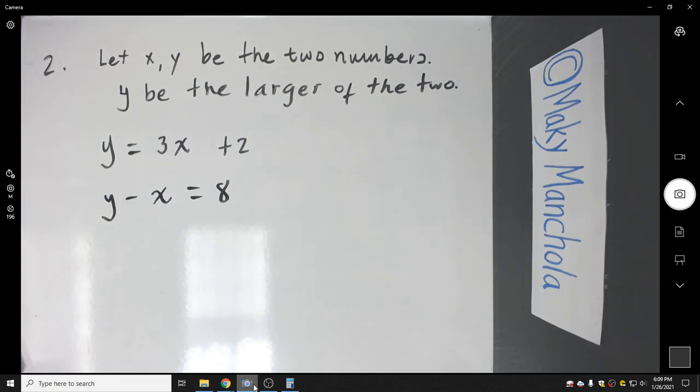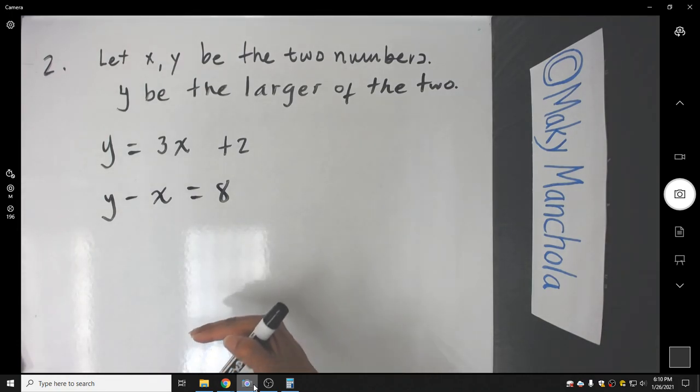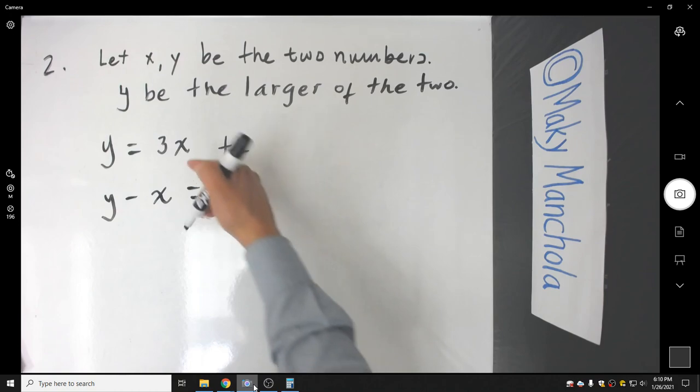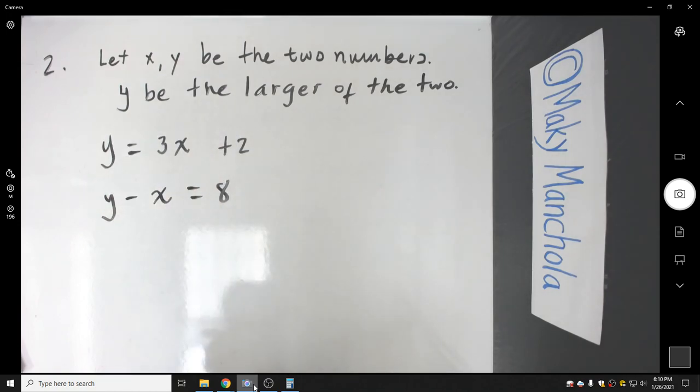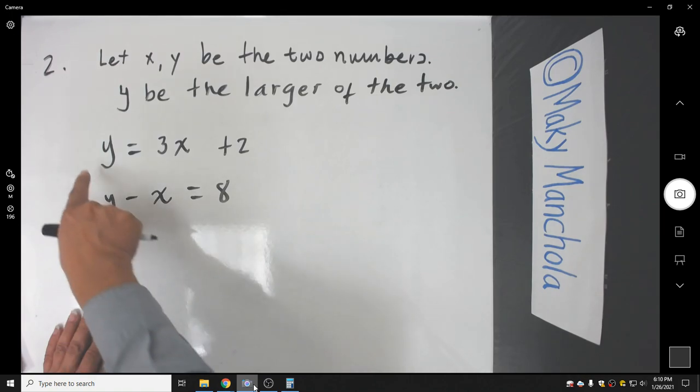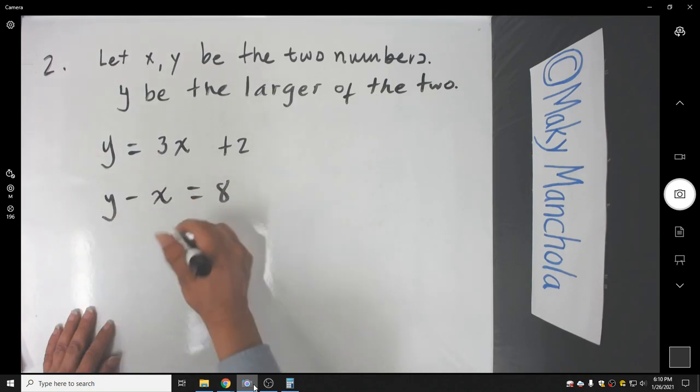Okay, so once again, we're trying to obtain x and y. We have a system of two linear equations in two variables, so we solve the system and we will have our answers. This problem we can solve again by substitution, because in our first equation y is already isolated.